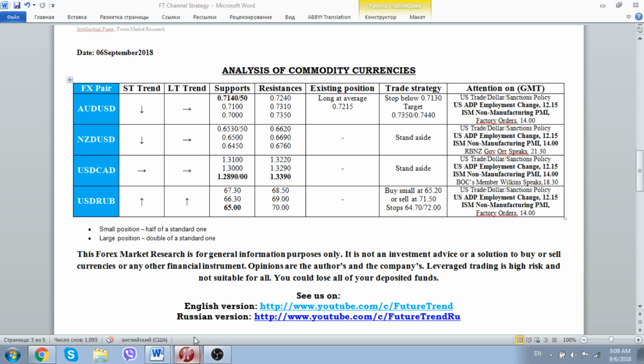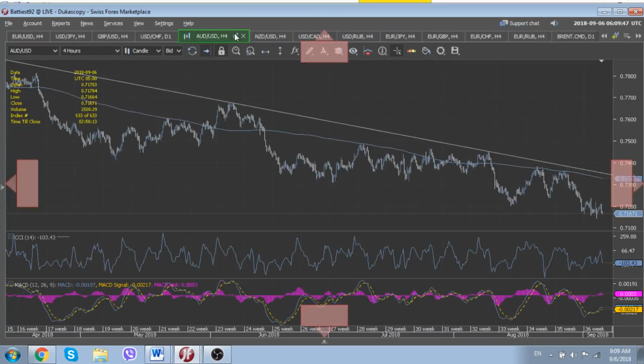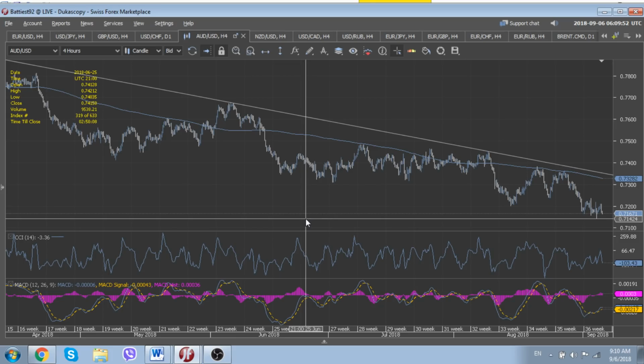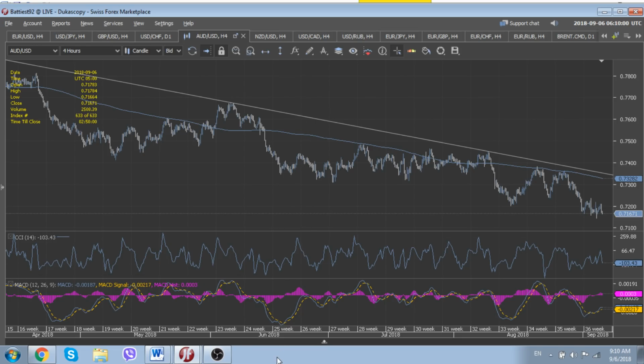Also here, like in the euro dollar, we suggest that the Aussie could make a kind of bottom against the level of 0.7140, 7150, where lie the lows of 2016. That's our idea at the moment.